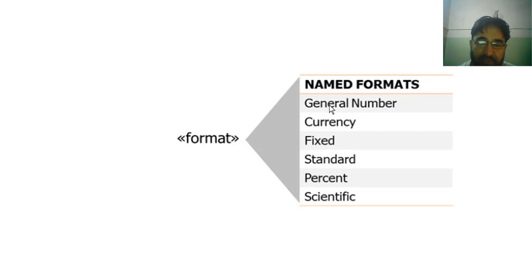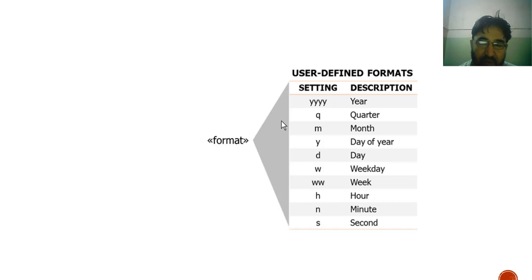Name formats, for example, format numbers: general number, format number is currency, format number is fixed, decimal, format number is standard, format number is percent, and format number is scientific. Now look at this.